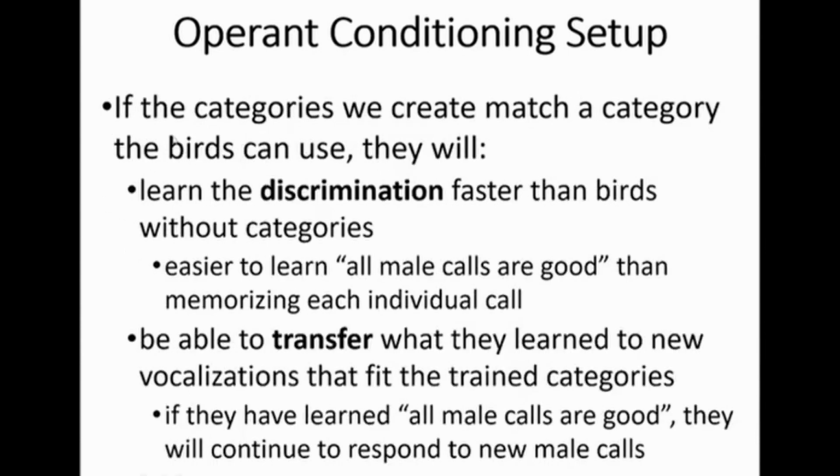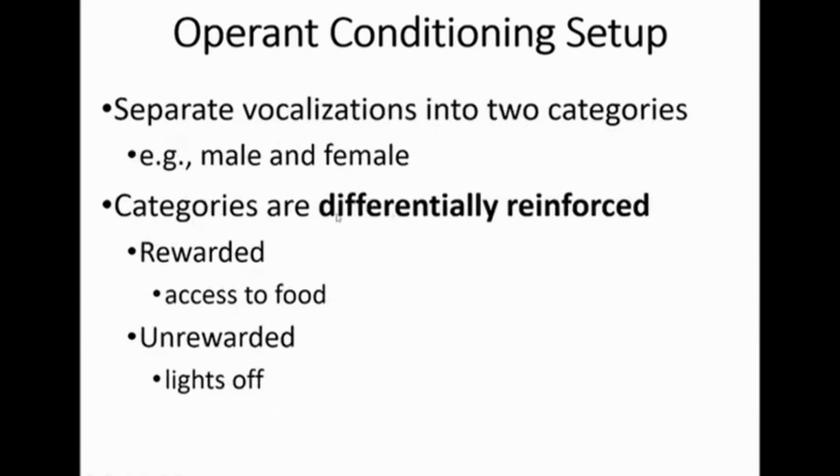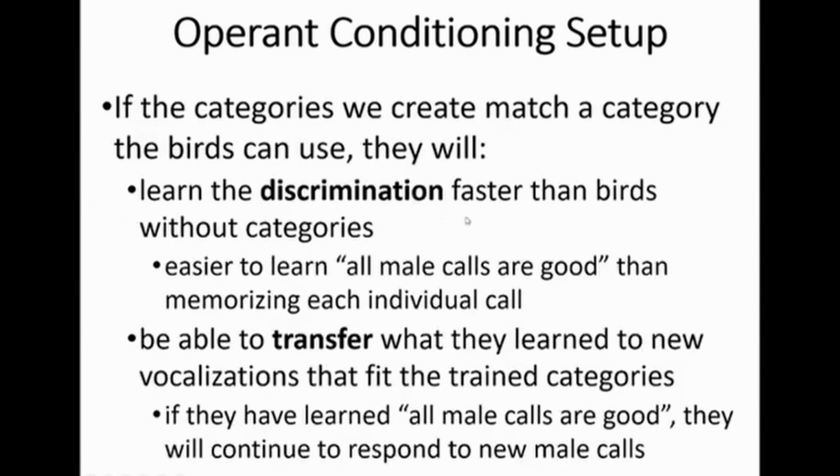All right, and so that brings us to this idea of, if the categories that we've created, male calls versus female calls, match a category that the birds can use, something that they conceptualize in their brains, then we could see some things happening in our results. If it's a real category, something that the birds can use on their own, they should learn to discriminate, or respond differentially, faster.